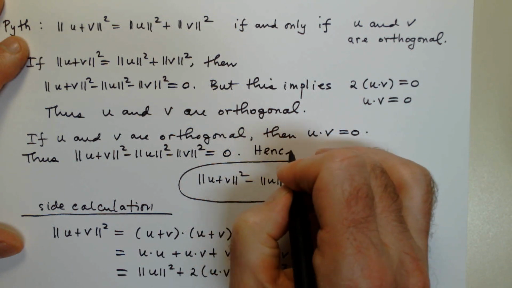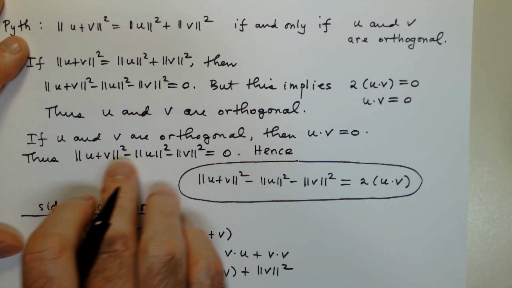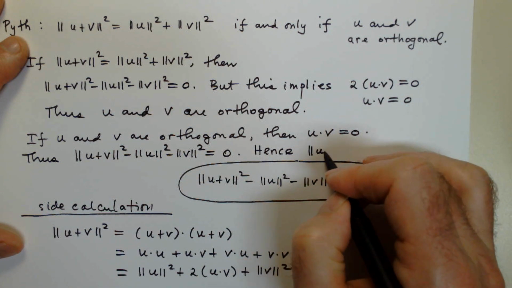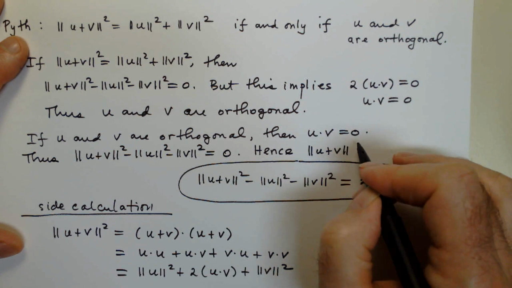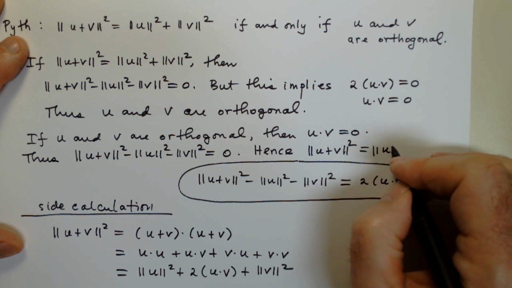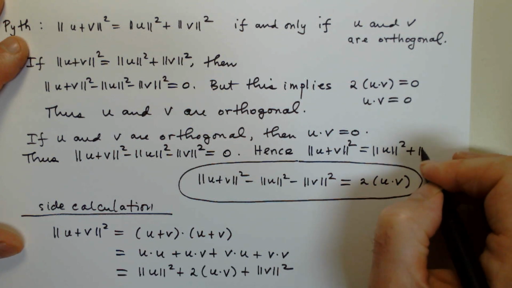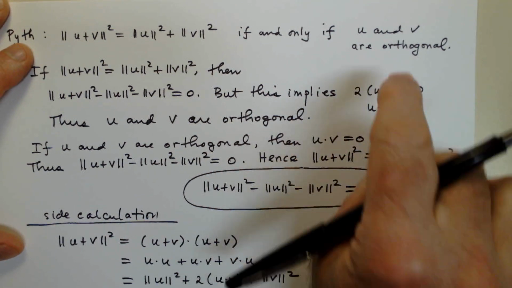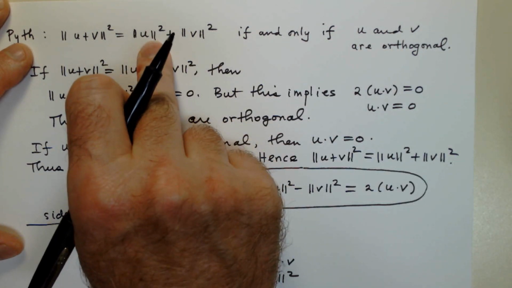Hence, if this is equal to 0, by bringing these two pieces to the other side, the length of u plus v squared must be equal to the length of u squared plus the length of v squared. And that proves the other side. If these are orthogonal, then this is true.